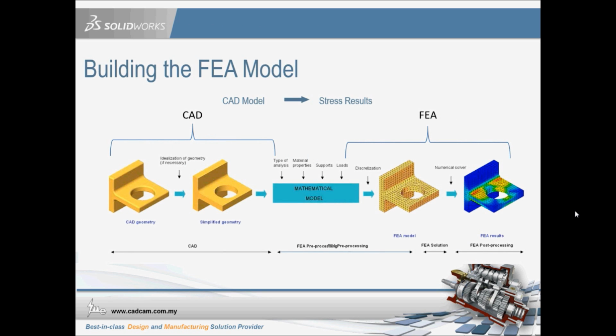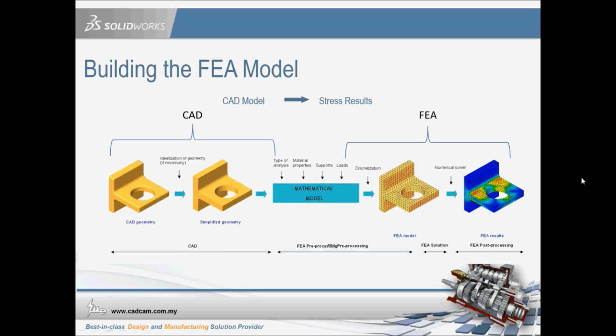An overall view about finite element analysis. From the left, you can see as a designer, we start to draft our design in 3D by using CAD software. Then before we send it for calculations, or simulations, we simplify the geometry and export it into another program to perform finite element analysis, where it breaks the model into small elements.